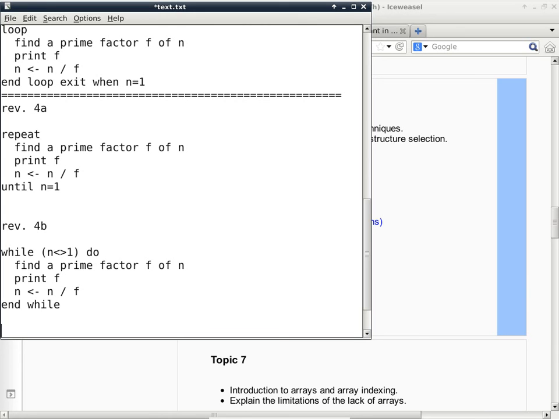It won't work. It simply won't work, because what is a prime factor of 1? There is none, because 1 is not a prime number. Remember the algorithm that we talked about?